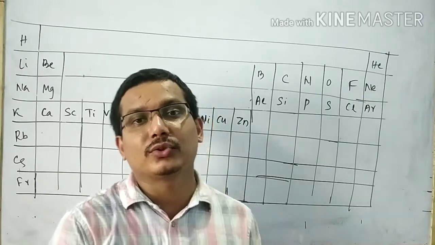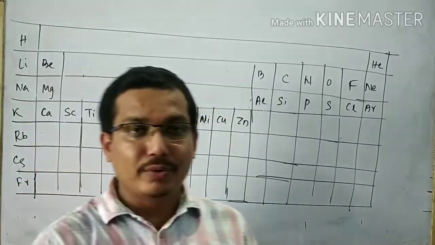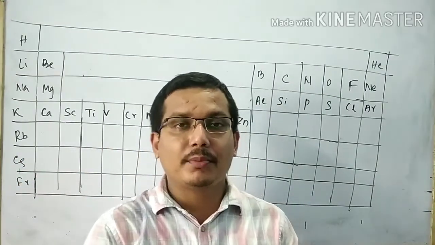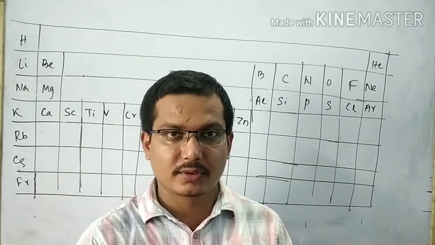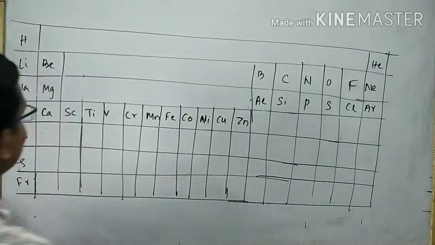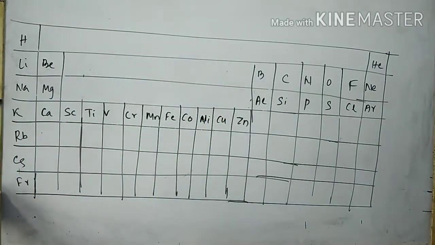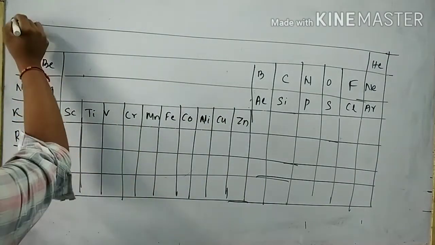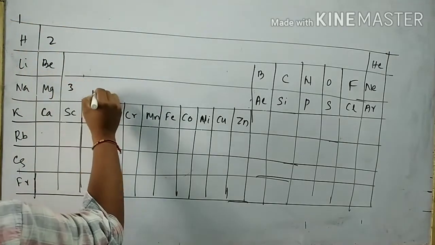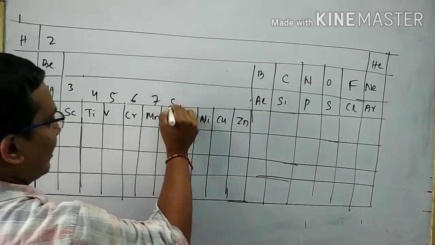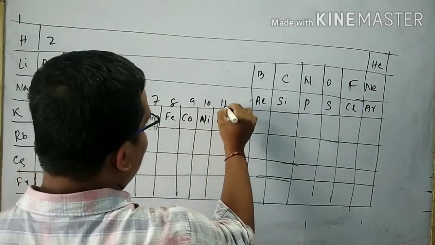Suppose I want to compare the atomic radii of the elements present in the periodic table. Look at that. This is your modern periodic table. This is your group 1 element, group 2 element. These are the group 3 elements, 4, 5, 6, 7, 8, 9, 10, 11, 12.